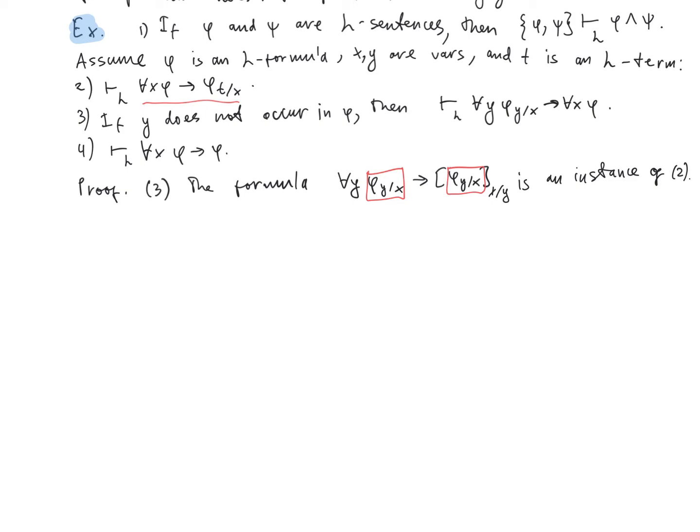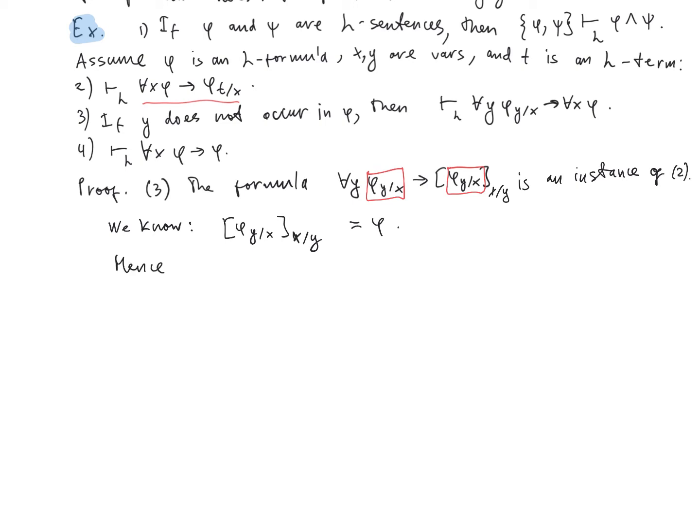As we also discussed earlier, by the rules for simultaneous substitution, we already know that the formula phi with y substituted in the place of x, to which we then apply the substitution x in the place of y, is simply equal to the formula phi.